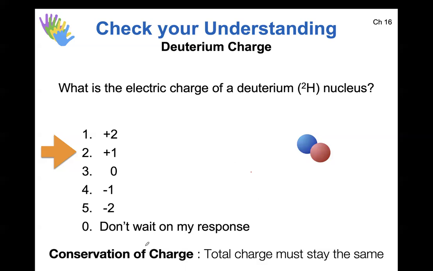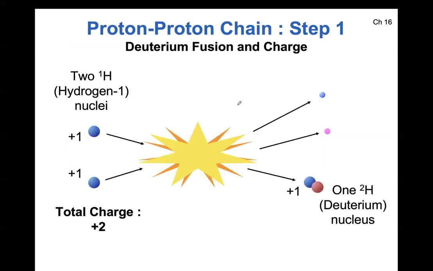Okay, so the total charge has to stay the same. This is one of those fundamental conservation laws in physics and therefore in astronomy. Charge has to be conserved. So if we have just +1 coming from the deuterium, we need another +1, hence the positron. It's just like an electron, but has +1 charge.